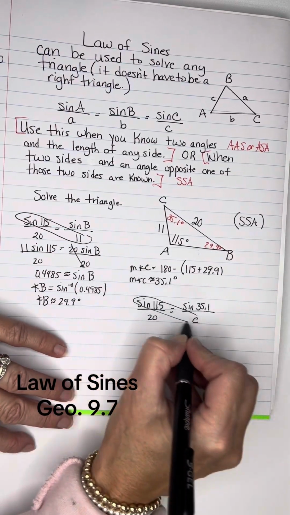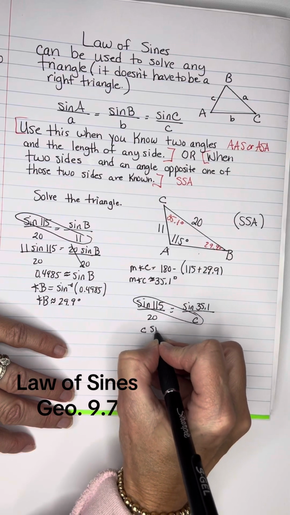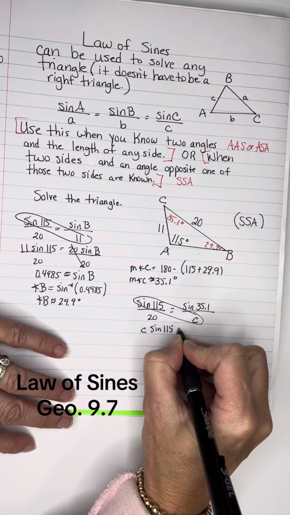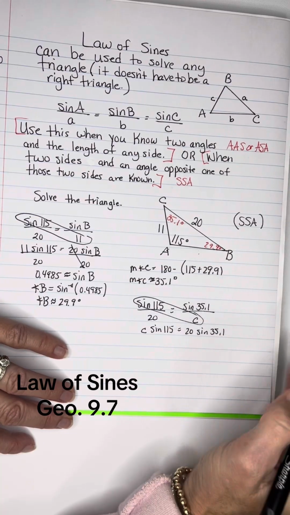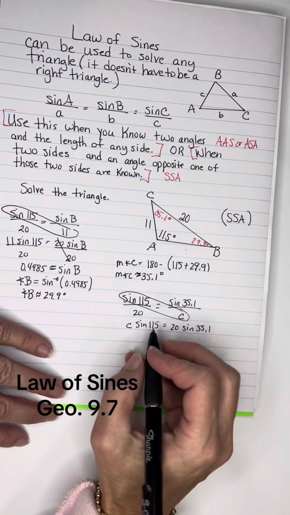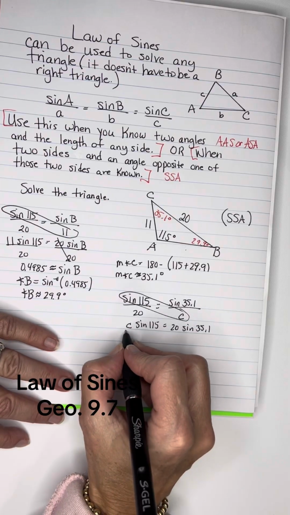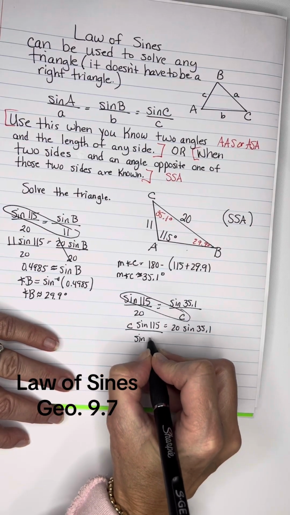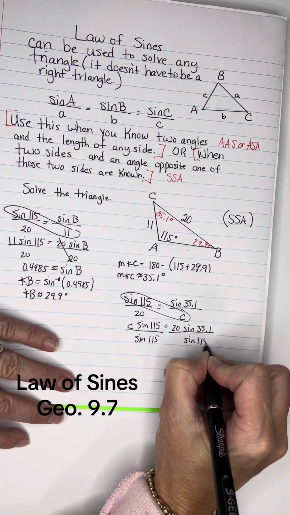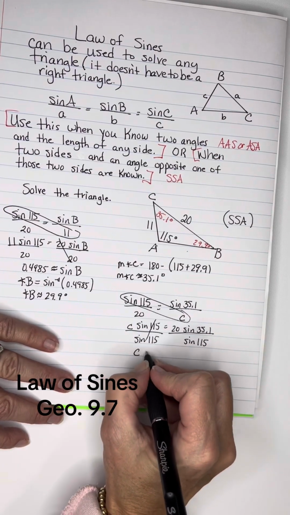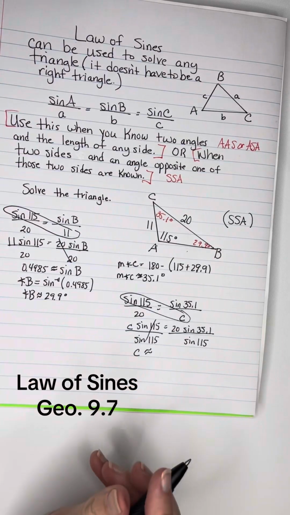Okay, cross multiply. We have c sine of 115 equals 20 sine of 35.1. To get the c alone, I'm going to divide both sides by sine of 115. Have to be very careful putting this into your calculator. If you're using Desmos, usually that's a little bit easier.